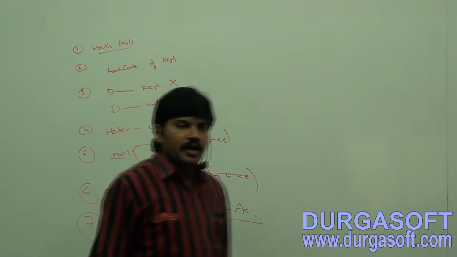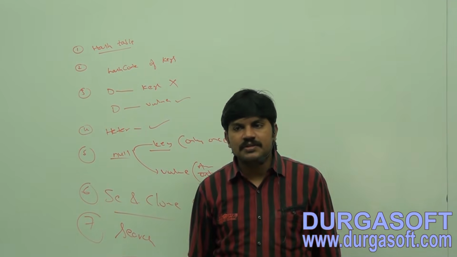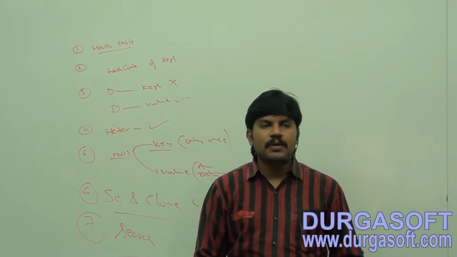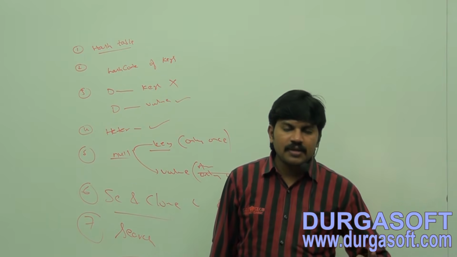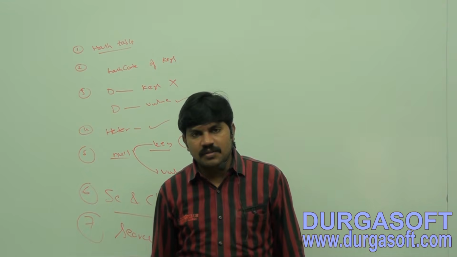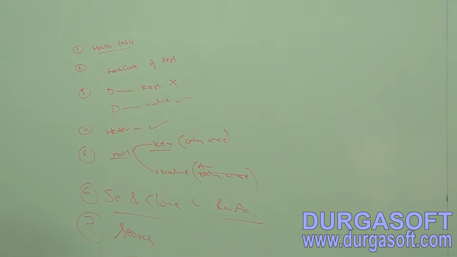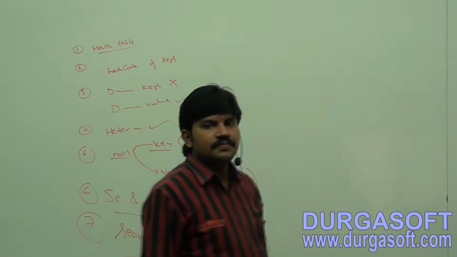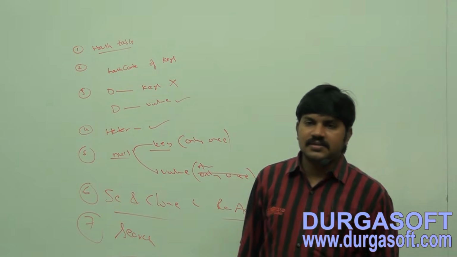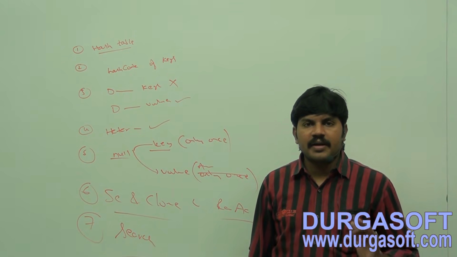Next point, hash map implements serializable and clonable interfaces, but not random access.